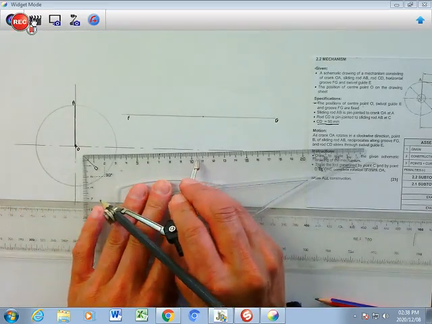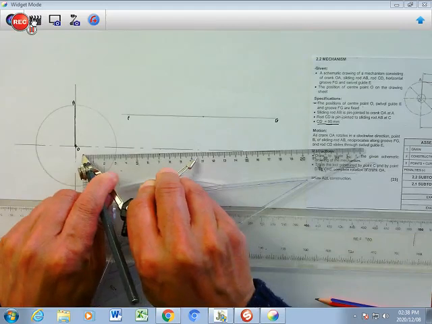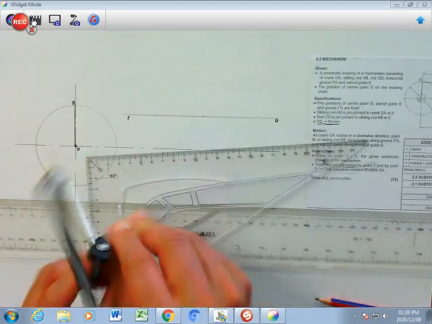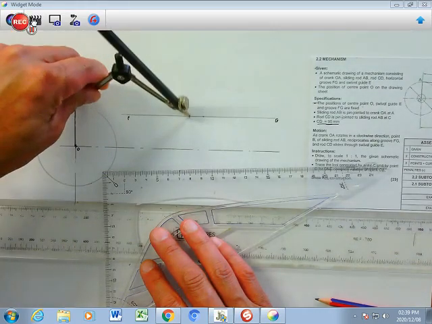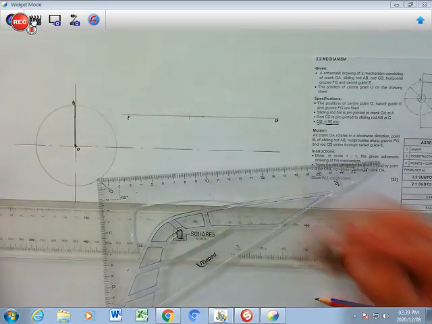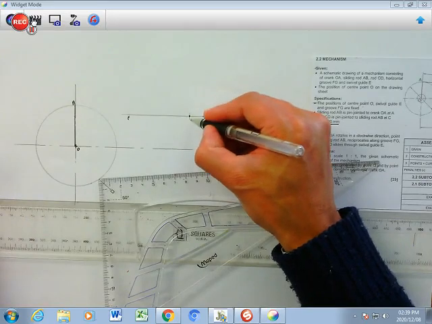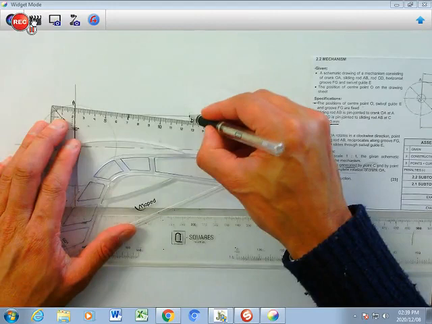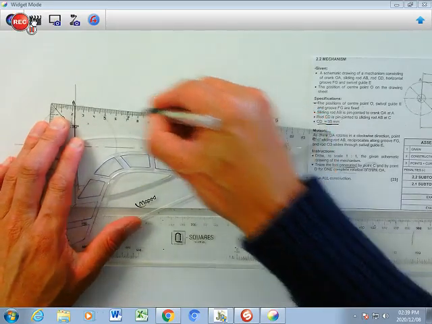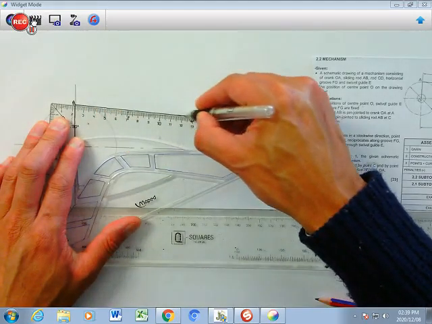So 105 is there, and then I'm going to put it on A and mark it off. If I mark this, this is my point B attached to the slide, and I'm going to draw a thick dark line because that's an actual rod that we see there.